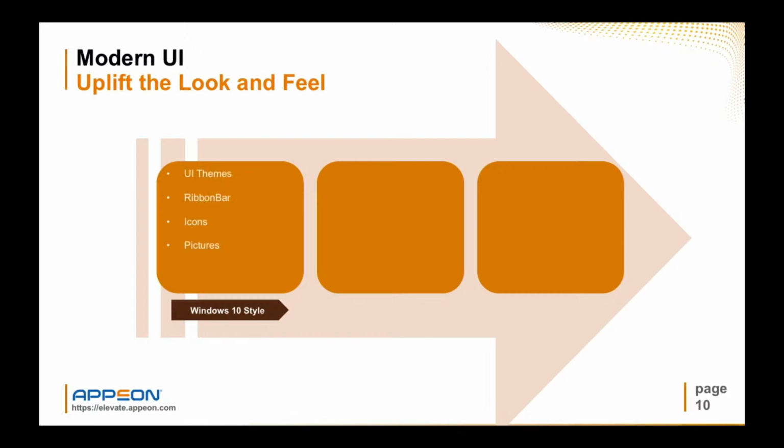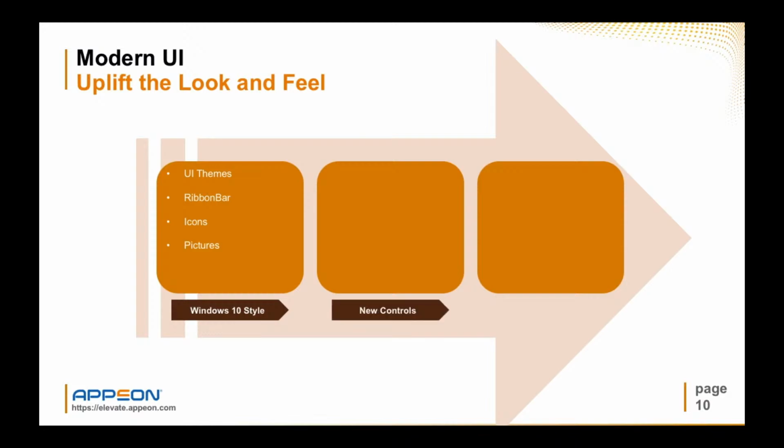We introduced the UI theme feature, which is a codeless solution for applying Windows 10 style to existing visual objects, such as command button, single line edit, DataWindow, and so on. Then, we introduced the ribbon bar control, so application navigation conforms with the Windows 10 style. We also provided a complete set of icons and pictures in Windows 10 style.